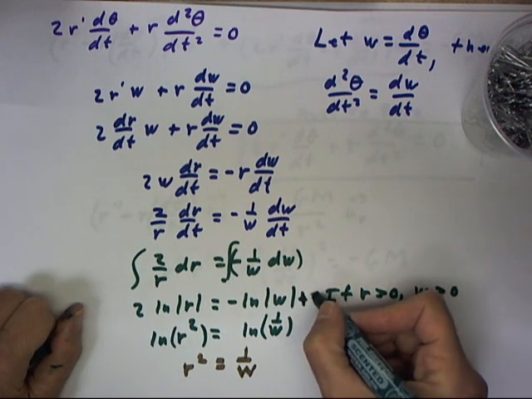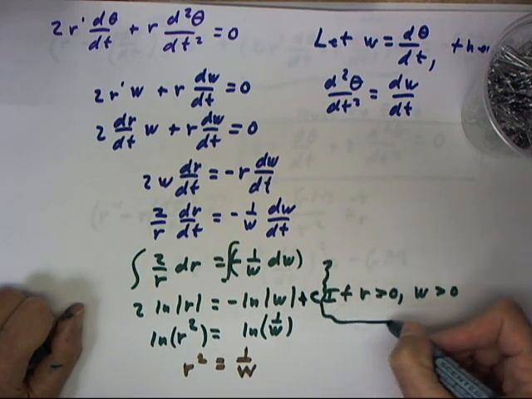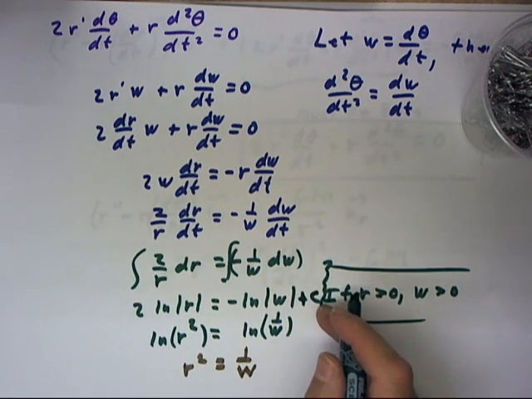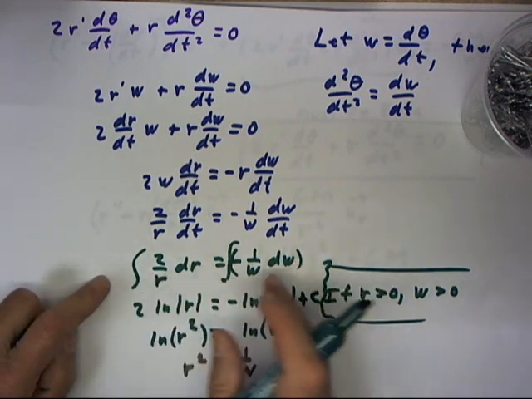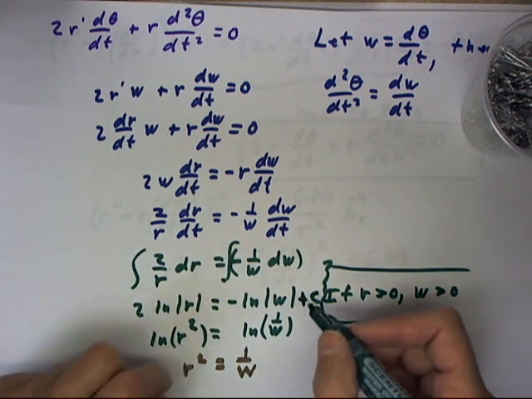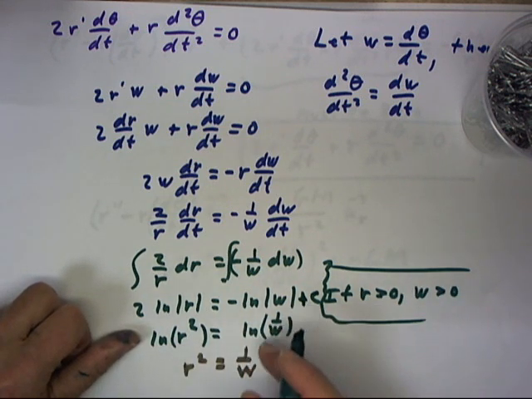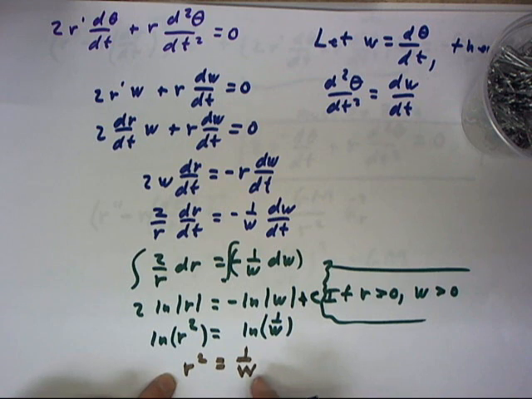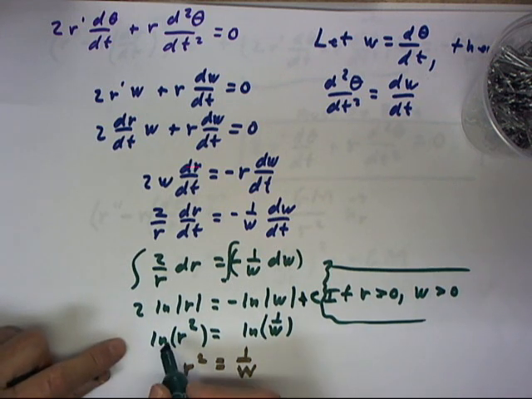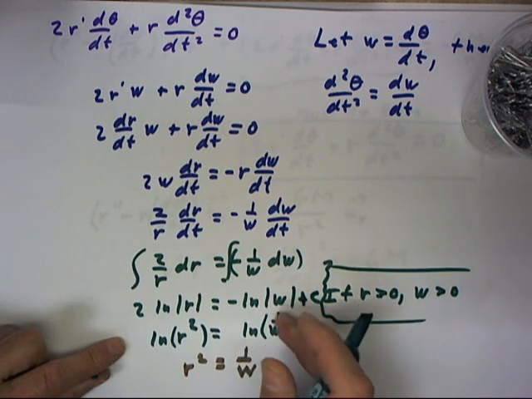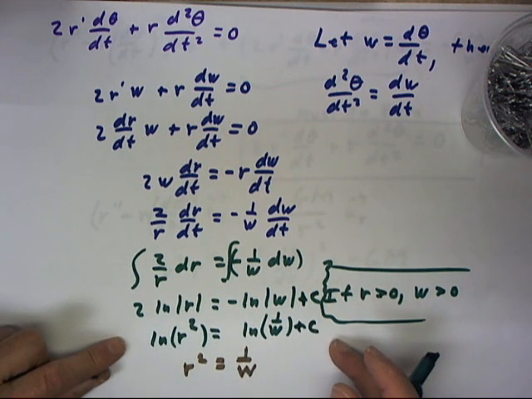So I'm going to say plus c, where c is an integration constant that absorbs the integration constants from both sides. When we exponentiate both sides, which is what we do to get from this step to the next, we're going to have to exponentiate natural log of 1 over w plus c.